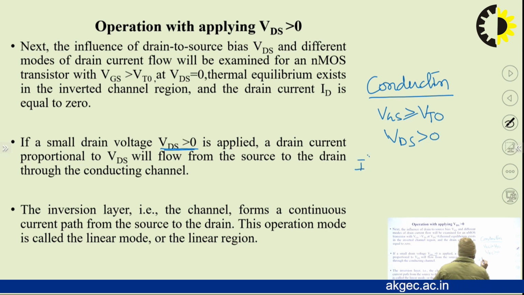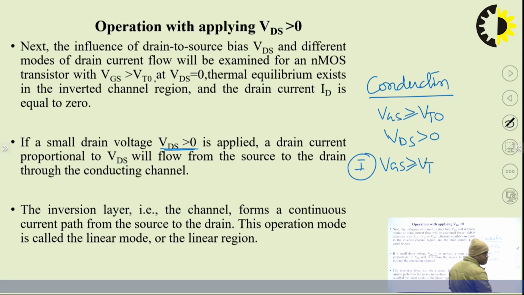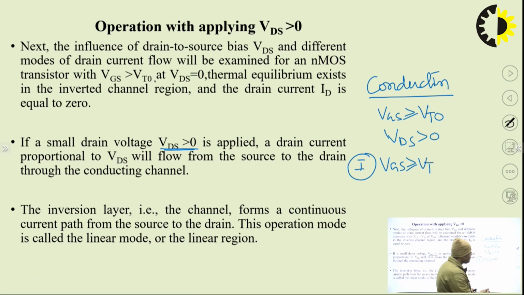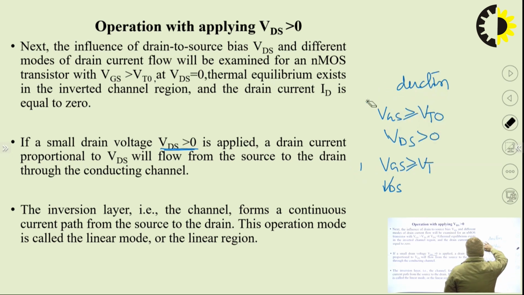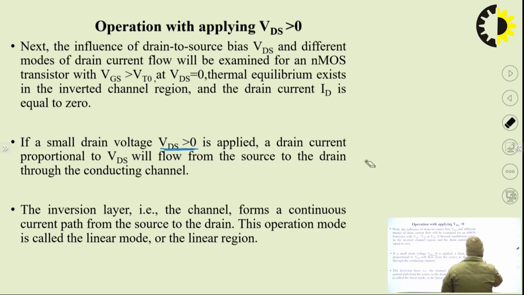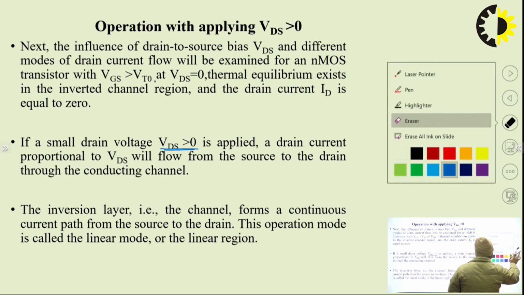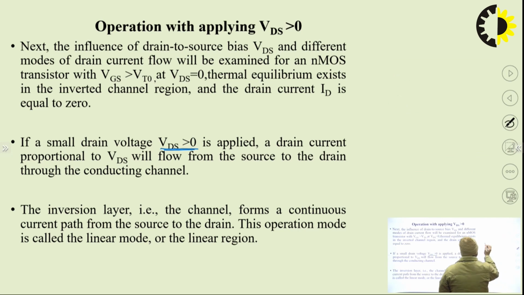Condition 1, when VGS is greater than or equal to VT, the channel is created, but VDS is... now I am using the eraser because I have to write all the conditions. I am writing all the conducting conditions of the MOSFET.